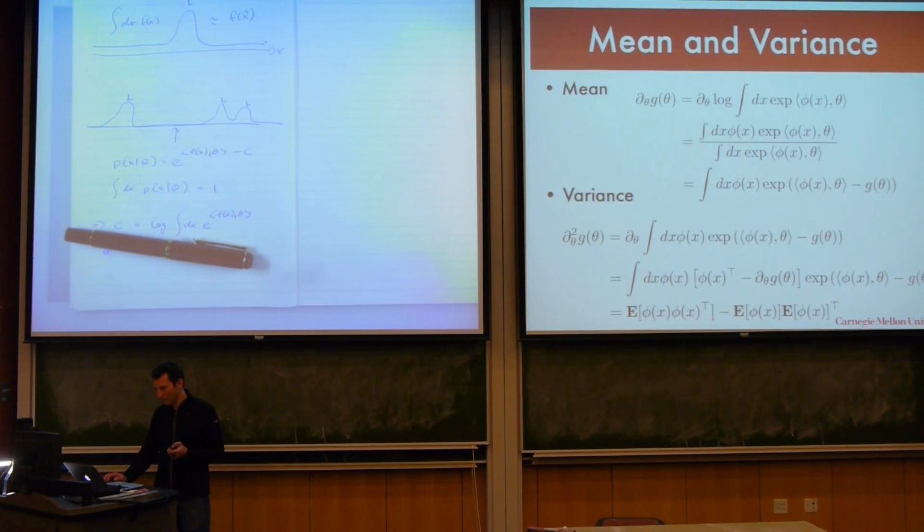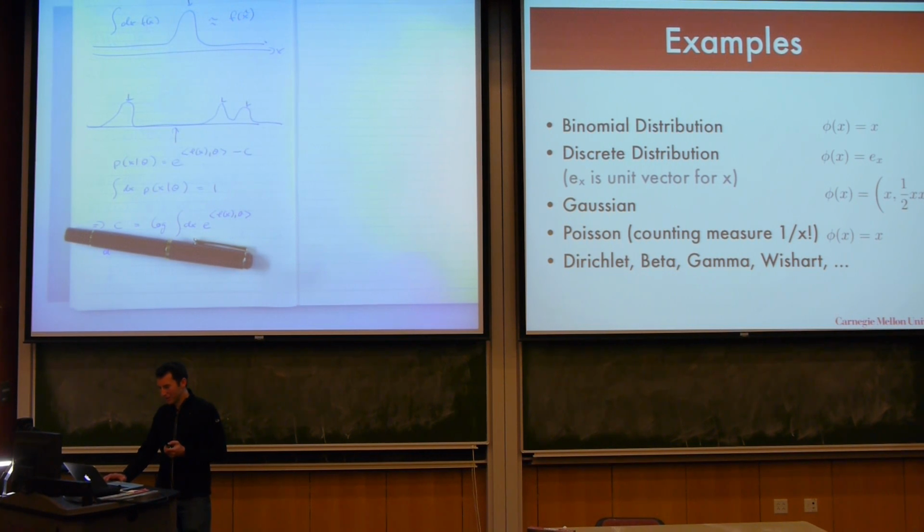Okay. So, let's look at some examples. We've probably seen all of those before. We've seen a binomial. We've seen a discrete distribution over x events. We've seen a Gaussian. We've seen a Poisson. And then there are all those other weird things like Dirichlet, beta, gamma, and Wishart. And we'll get to them in a moment.